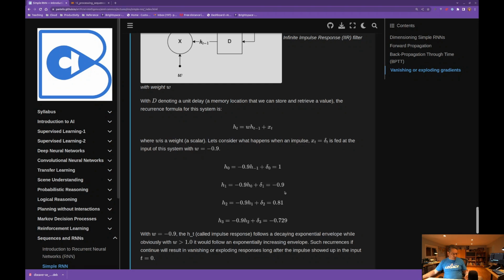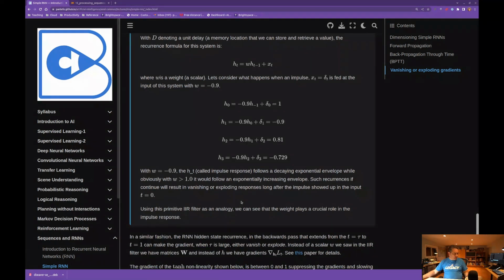And the envelope of this hidden state, meaning the absolute value of the hidden state, is going to diminish, in fact in an exponential way. And evidently, when W is larger than 1, then that hidden state is going to explode. And this is definitely an analogy that we can always use to remember what is happening inside a simple RNN.